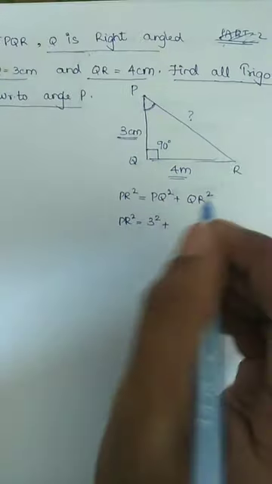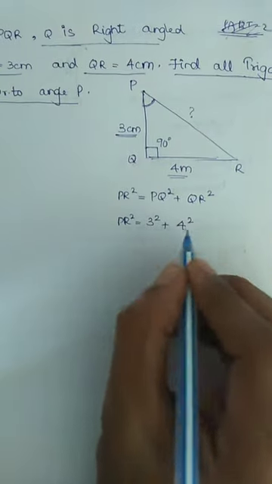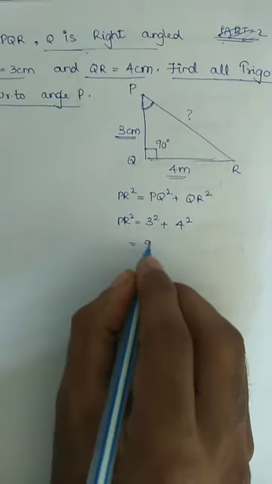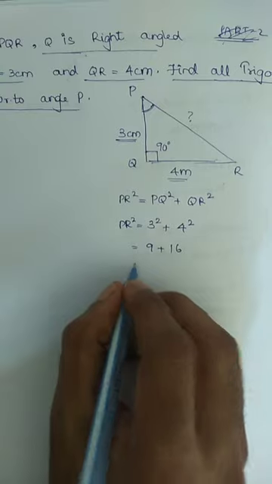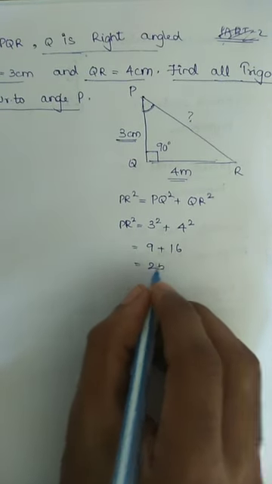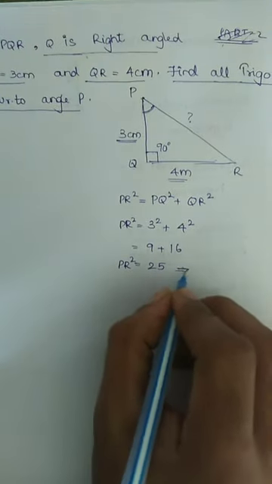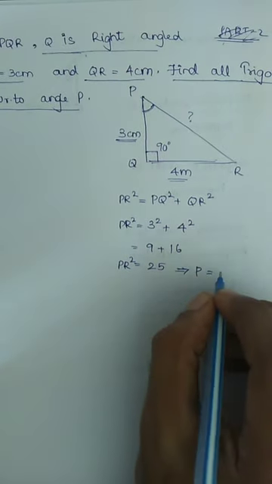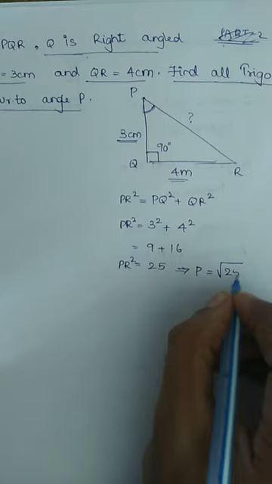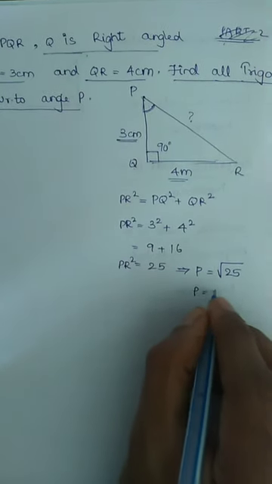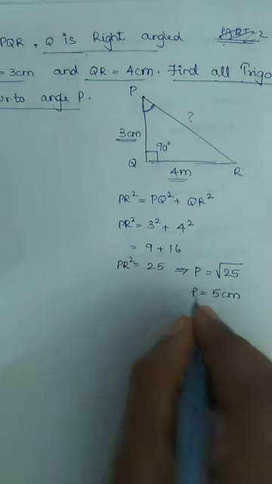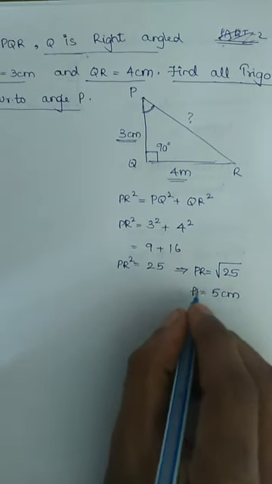QR is 4, so it is 4 square. So 3 square 9, 9 plus 16. If we sum up these two, we will get 25. So PR square is 25. So from this, PR is equal to square root 25. So PR is equal to 5 centimeters.